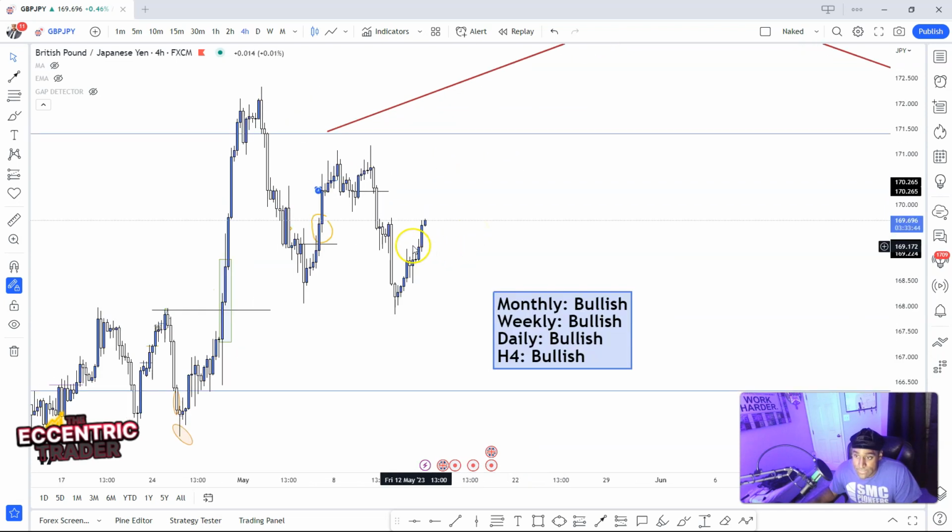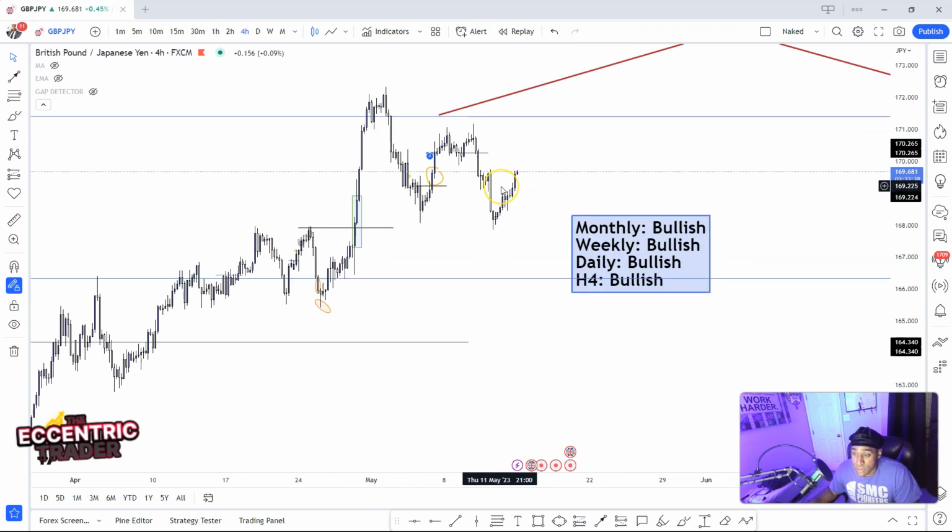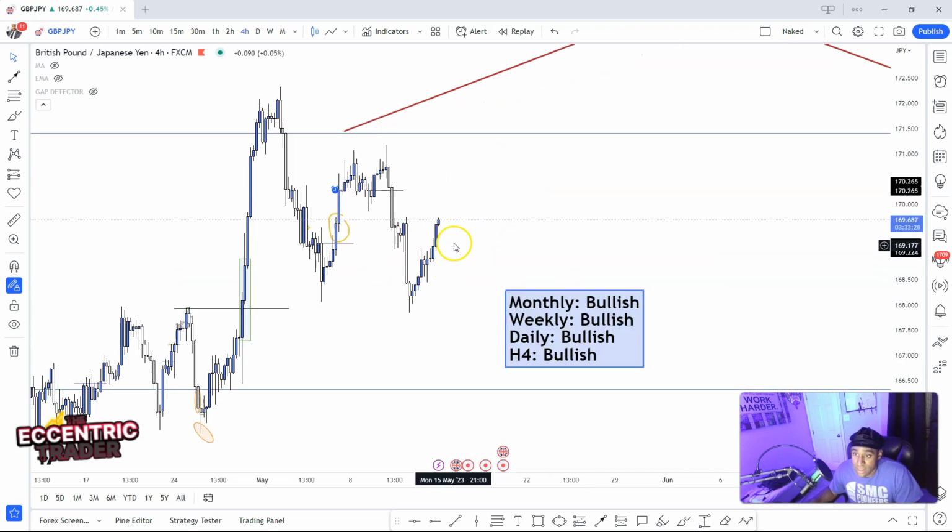This is minor. You could use this, but this is really minor at the moment. But for it to be clean, because price could test a level of resistance right here and come down. To be safe, if you're looking for buys, I would say wait for it to break this area right here, this level right here.